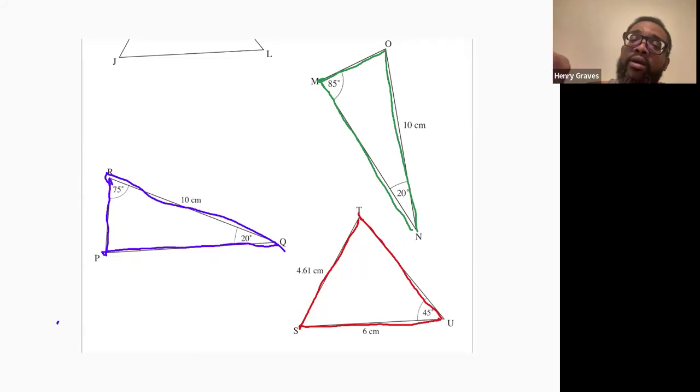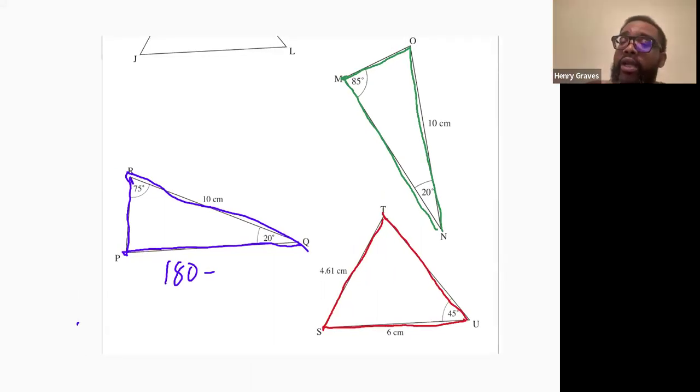So 180 is going to equal this missing angle here.